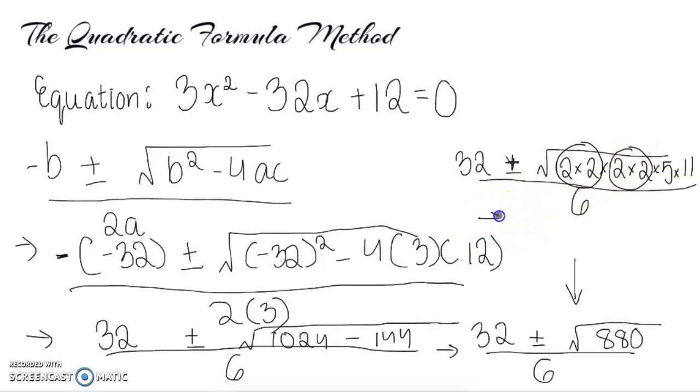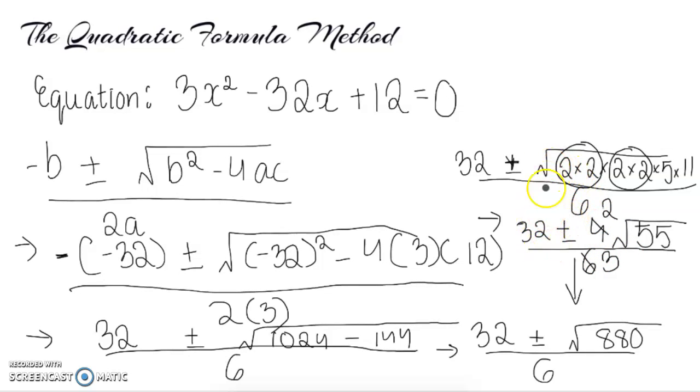So outside the root, I get 32 plus or minus 2 times 2 is 4 root 55. 5 times 11 is 55 because that's the only thing left in the bracket, all over 6. Now I can take a common factor from 4 and 6, which is 2. 2 times 2 is 4 and 2 times 3 is 6.